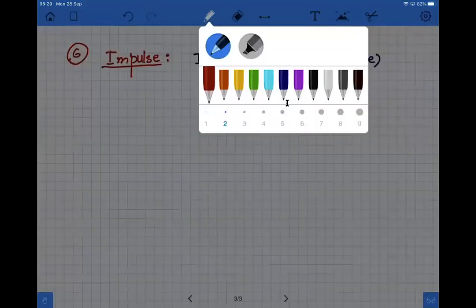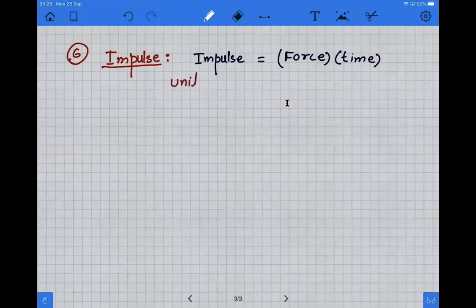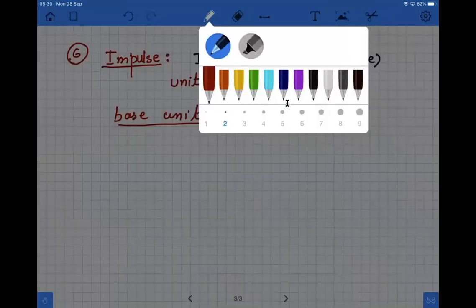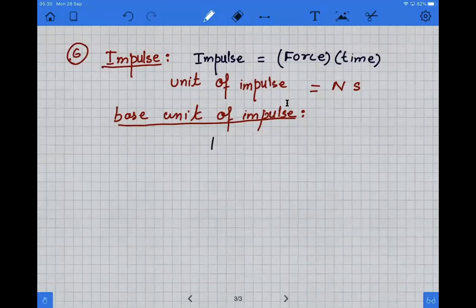So the unit of impulse will be Newton second. The base unit of impulse would be F times T. F is ma into T.